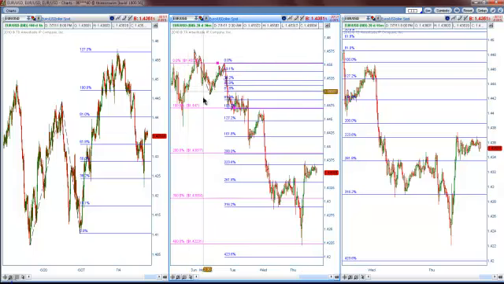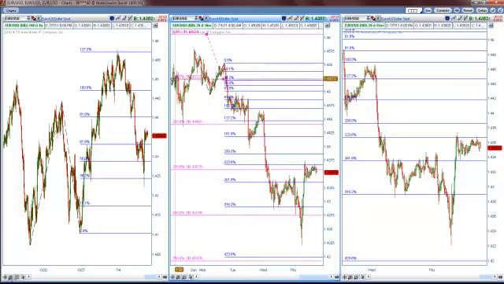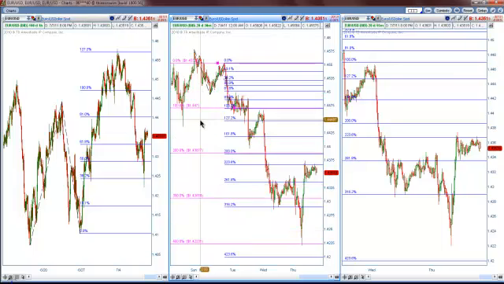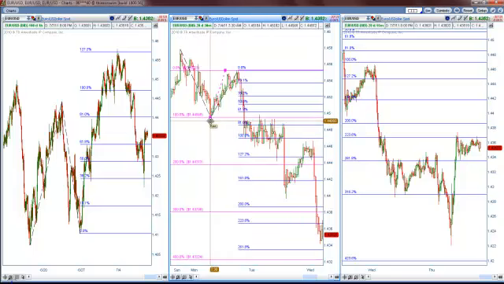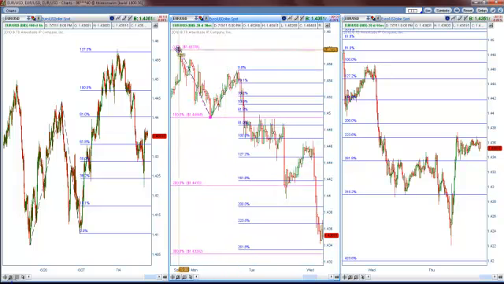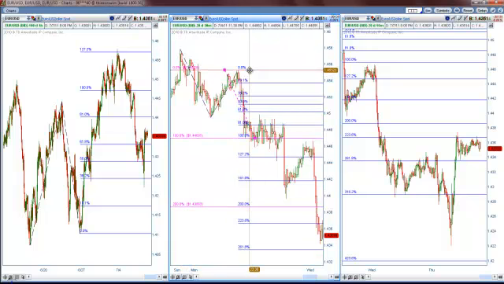I'm going to anchor this a little bit better, just to illustrate exactly what I'm doing. I'm going to highlight this. I might have missed the bottom when I did this. Okay, there we go. There's the exact bottom. The exact top. 45.52.